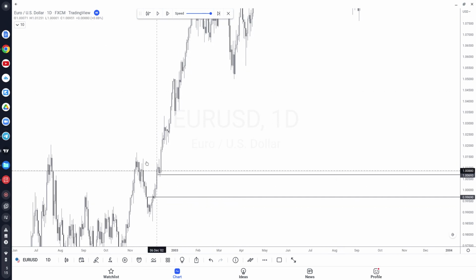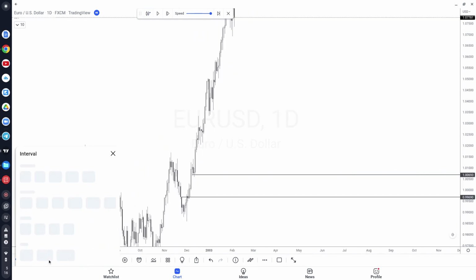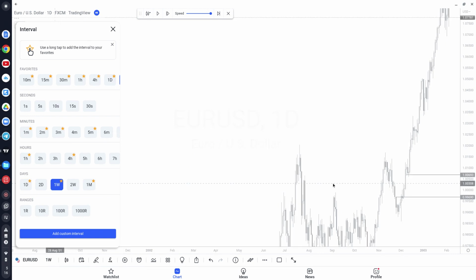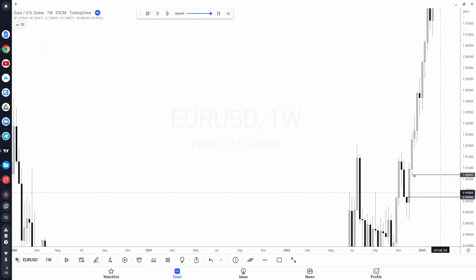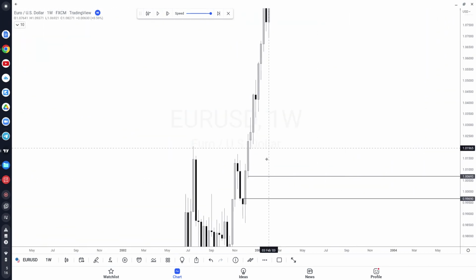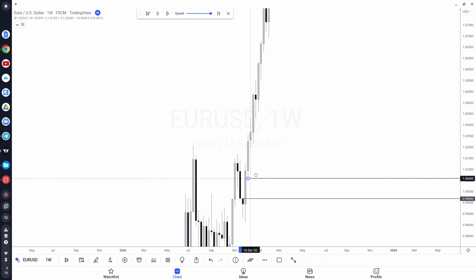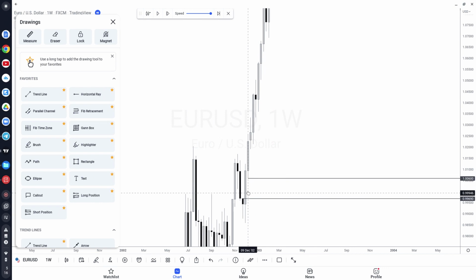right? And this is actually, let's go to, just so we can get a better picture at this level, right? Okay, so this is a weekly order block, right? And here's that weekly fair value gap, right? So what I'm noting is the fair value gap premium and the fair value gap discount, right?